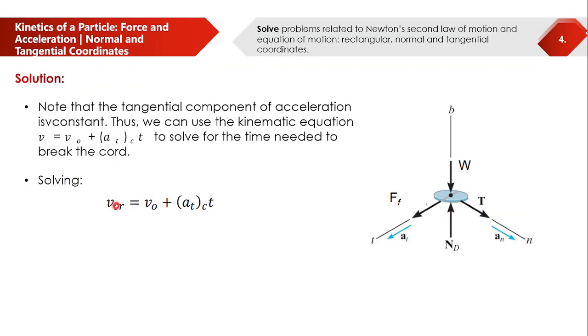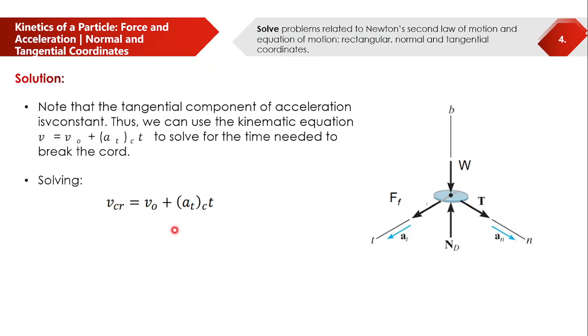And then in this relation naman, we can determine kung anong oras or when will be the time na mabe-break yung cord. So kailangan lang natin is the velocity, na critical velocity. Then equate natin dun sa acceleration na nakukuha natin.